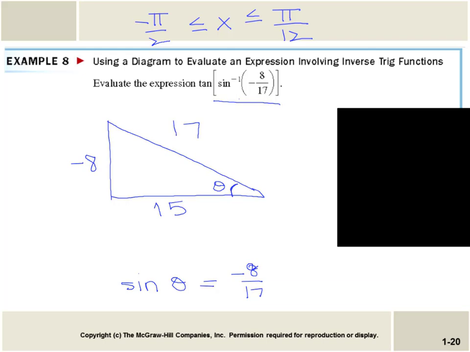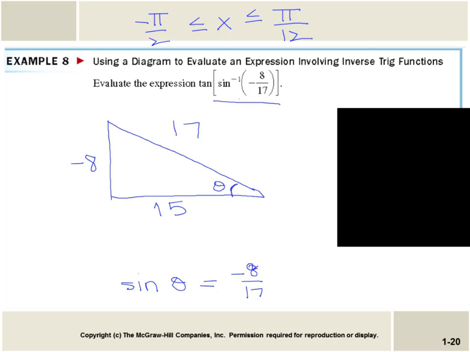And then cosine is between 0 and pi, or 1 and 2. Okay, so that means this answer has got to be in quadrant four. Yeah, quadrant 4.